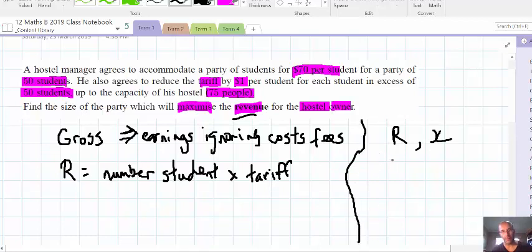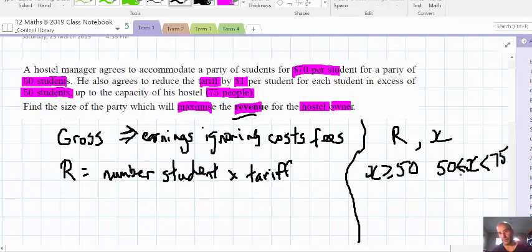So we need to look at our domain. It's got to be at least 50 if we look at the wording, and there won't be any profit unless X is actually over 50, and of course the hostel capacity is 75. So really we've got 50 is less than X, which is less than or equal to 75.